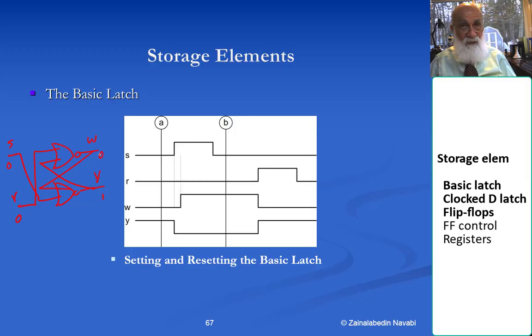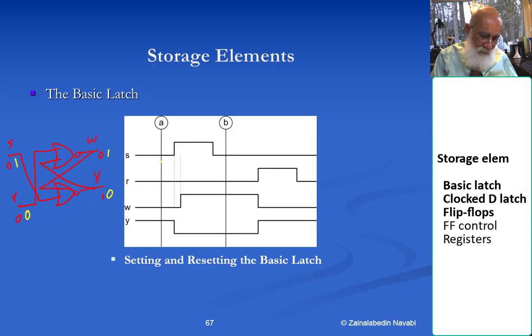Later on, I change my S from 0 to 1. Okay, keep R at 0, and then the 1 on S propagates to this NOR gate here and turns my Y to 0. Y becomes a 0, and then W becomes a 1. Okay, so this is what I'm showing over here in this waveform here.